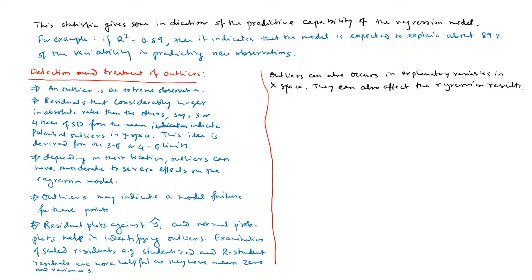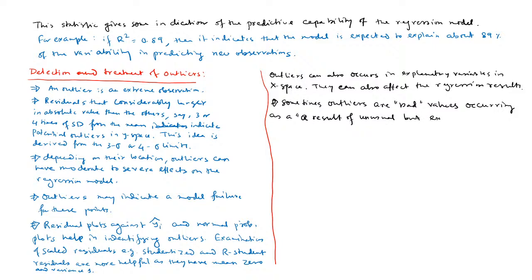Sometimes outliers are bad values occurring as a result of unusual but explainable events.